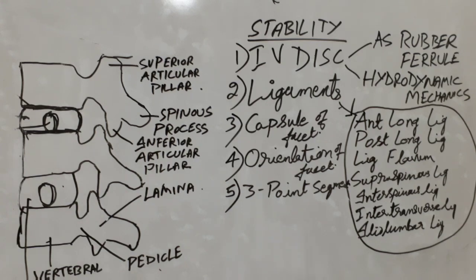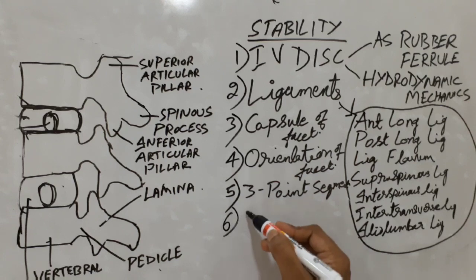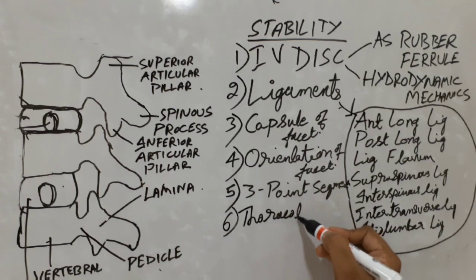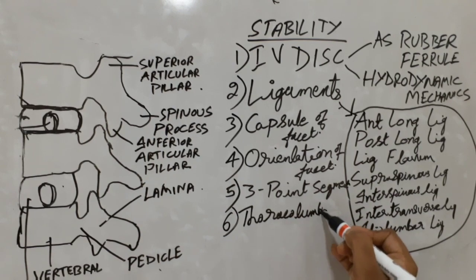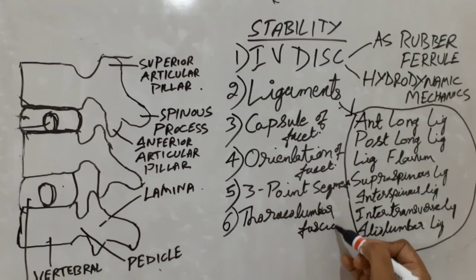Next is the thoracolumbar fascia. There will be a separate class on this because it's an extensive fascial structure.